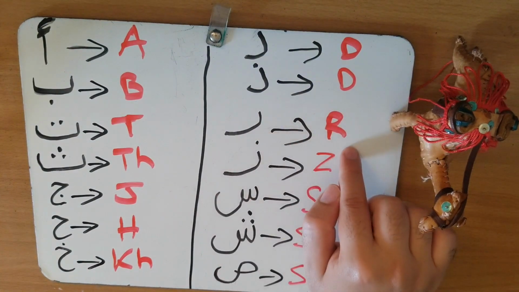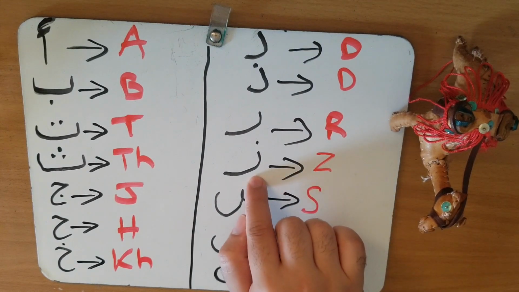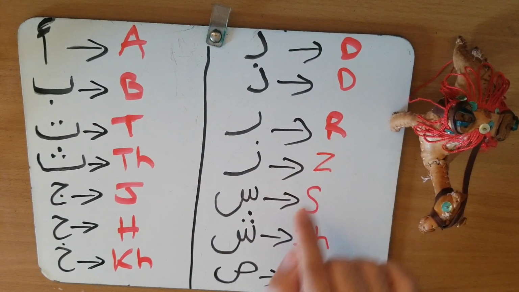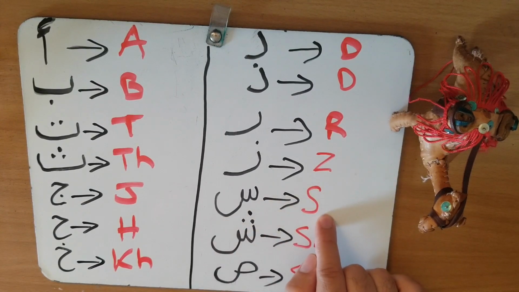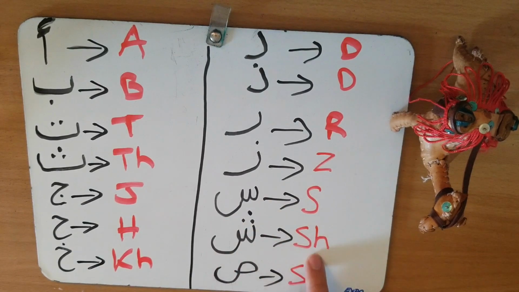Ra translates to the R sound. Zai translates to the Z sound. Sin translates to the S sound. Sheen translates to the SH sound. And Sad translates to the S sound, but remember it's a thicker S. It's saw, almost like seesaw.